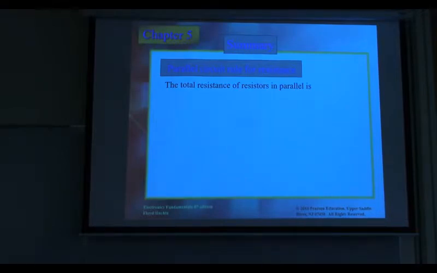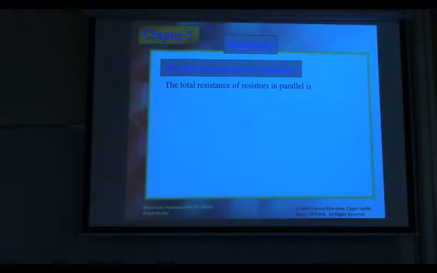The total resistance: in a series circuit, we just add all of them together. In a parallel circuit, how are we going to do it? We guess. Resistance and conductance are reciprocals, right?